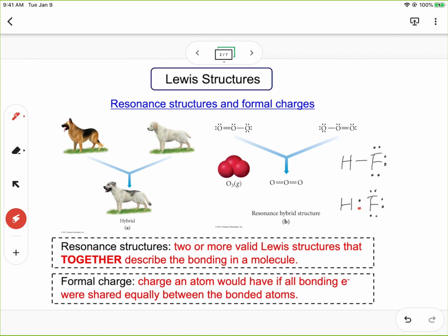Later on, after we learn how to calculate the formal charge, if you do the formal charge of those two atoms, you will realize that both of them have 0 formal charge. We will see how we do the calculation in a moment. But as you can see, when we calculate formal charge, we ignore this electronegativity difference.